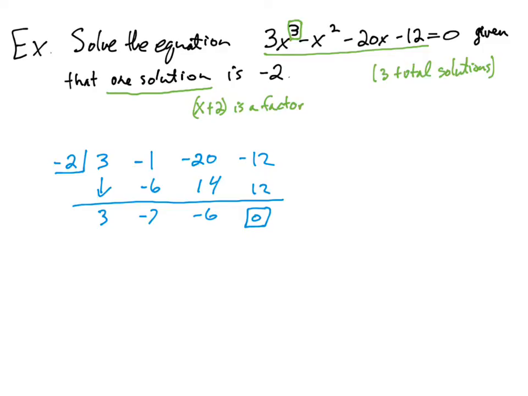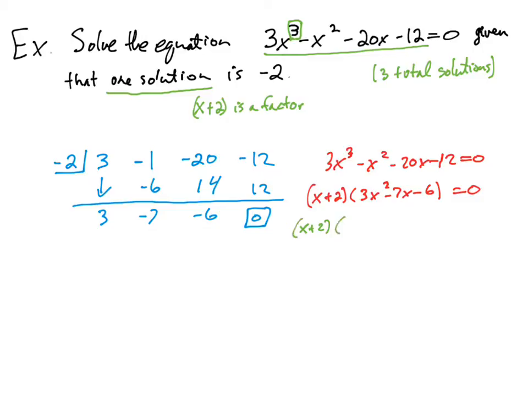So what this means is, I'll bring the original question down. Okay, so I could factor this as x plus 2, and then 3x squared minus 7x minus 6. Okay, so we partially factored this, and then that trinomial can factor again.